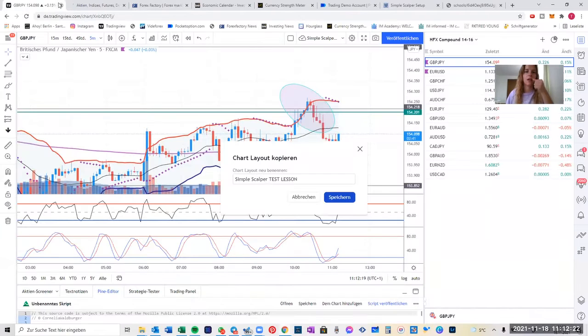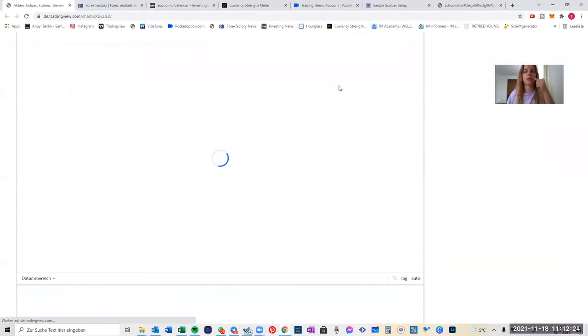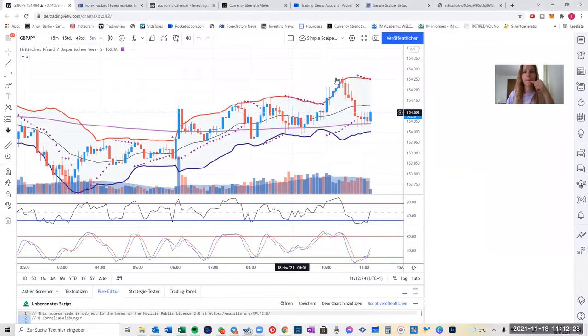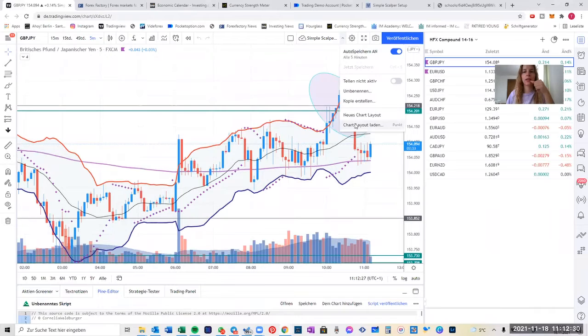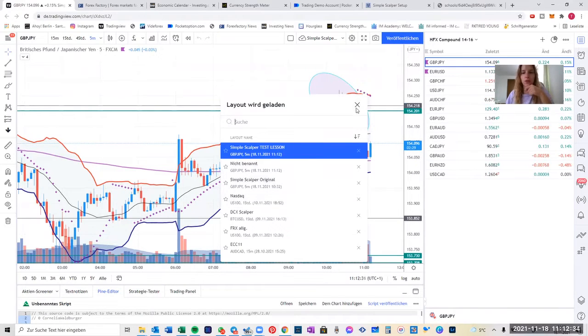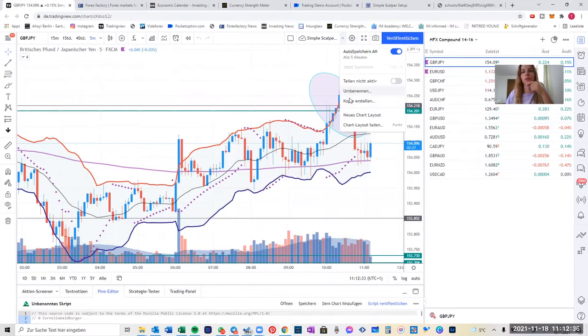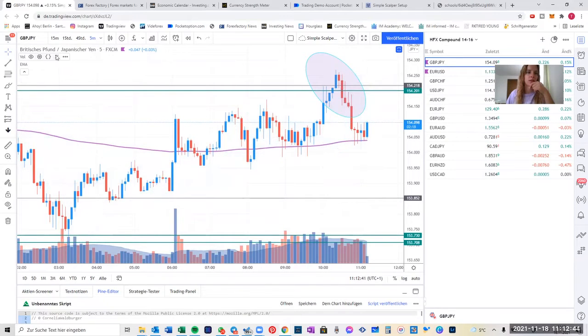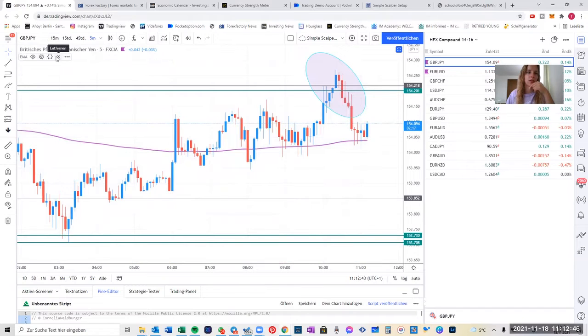For you also, it's important. One thing is you have to load a chart layout, and then you can just choose if you have one or not. You can just make a new chart layout. I just delete all this stuff here so we can start fresh together.